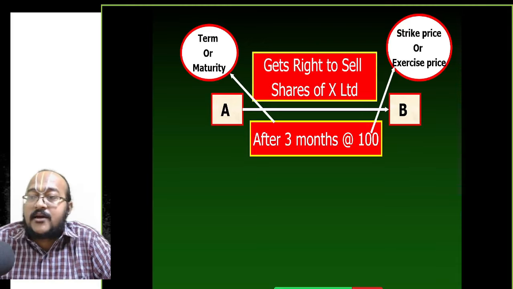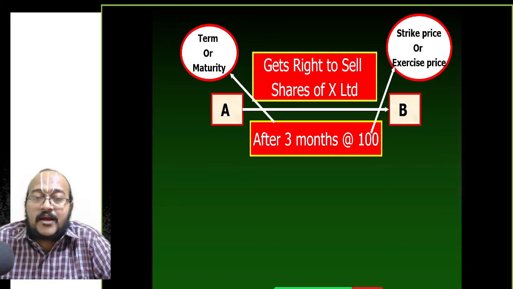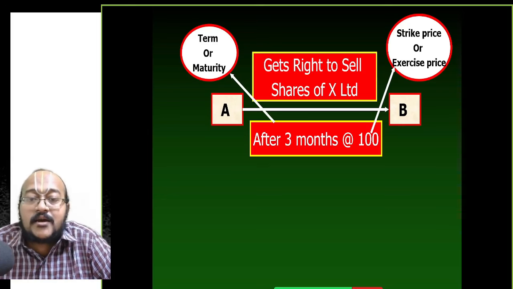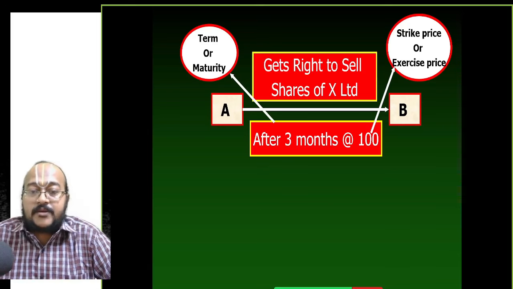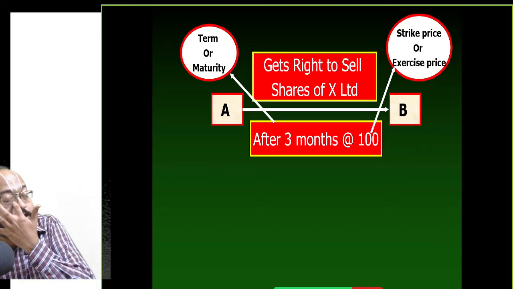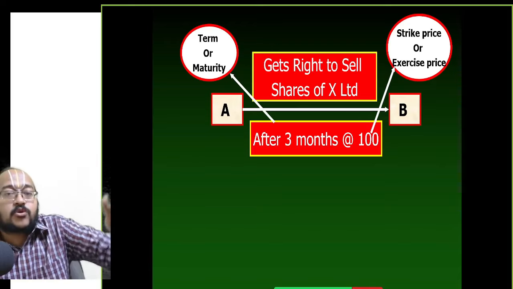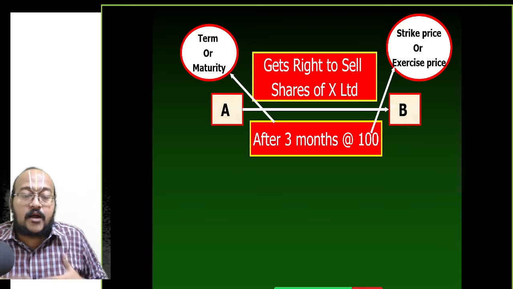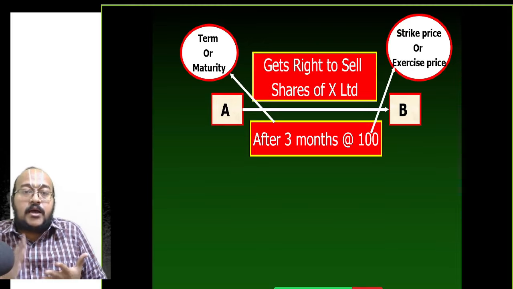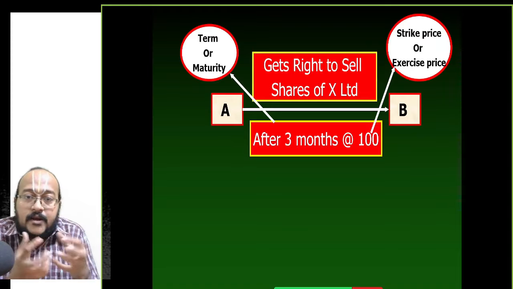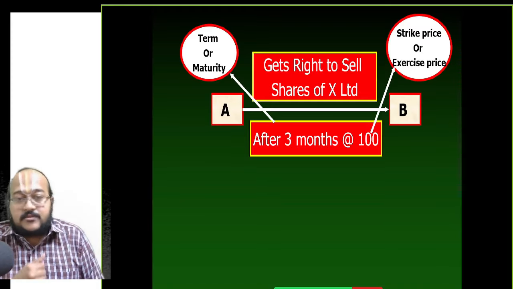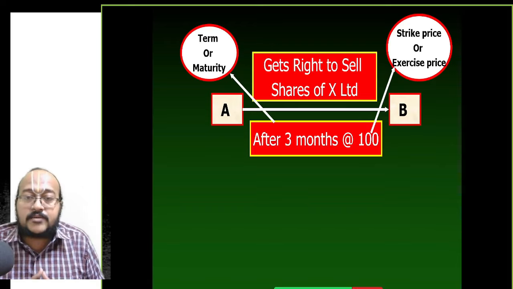You may ask, why is he entering into a contract wherein he may sell the shares? A is bearish about the stock price. See, in the earlier situation, A was bullish about the price. He felt 100 rupees will become 200. I will lose out, so I want to enter into a contract and lock in a price. But here what is happening?